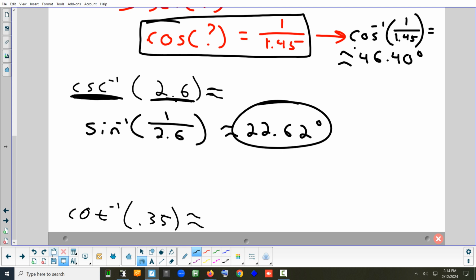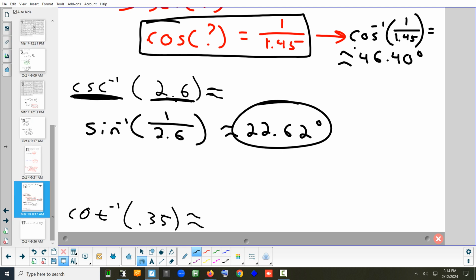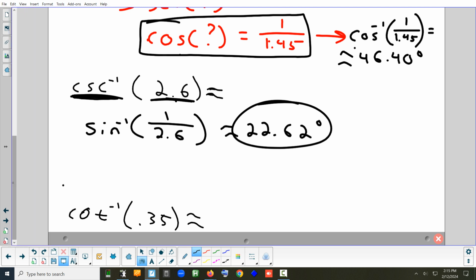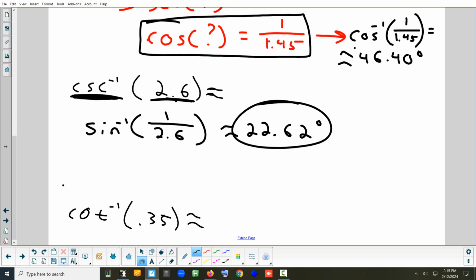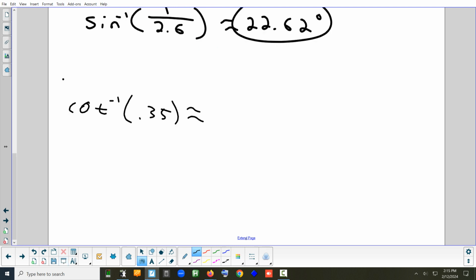All right, let's try one more. Okay, inverse cotangent. If we have a button for it, we should type it in. Just put it in right away. Do we have a button for it? No. Nope, no button. So you got to do two things. Change, flip. Cotangent. What trig function can you change it to? Tangent. Yep.